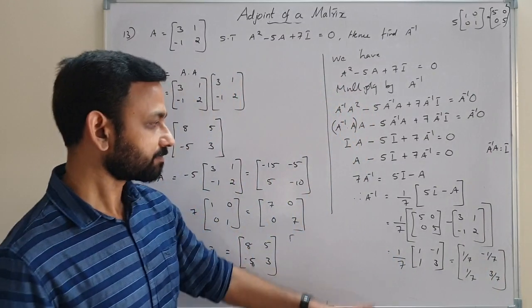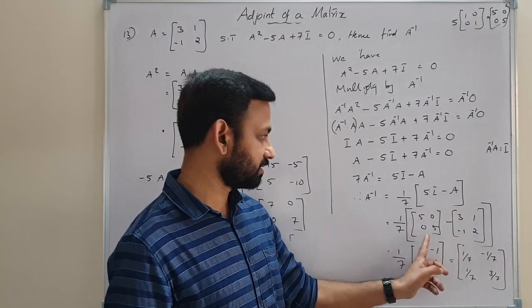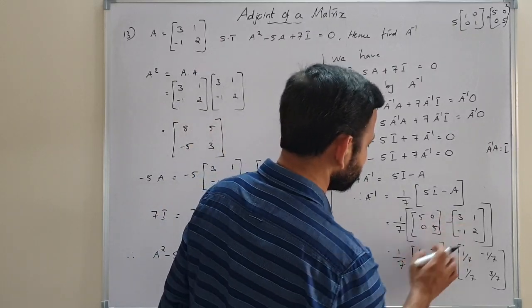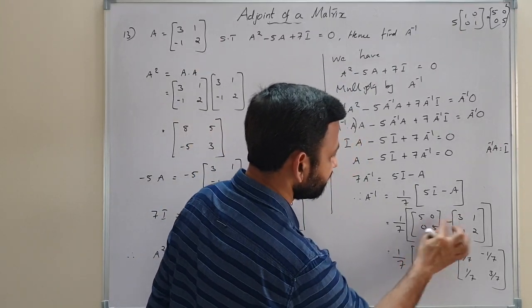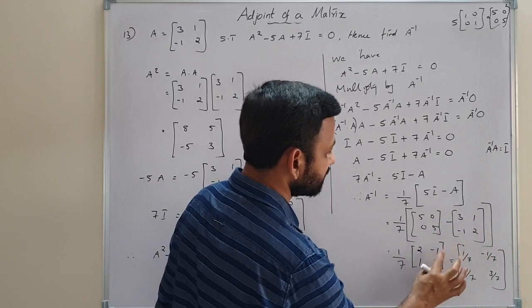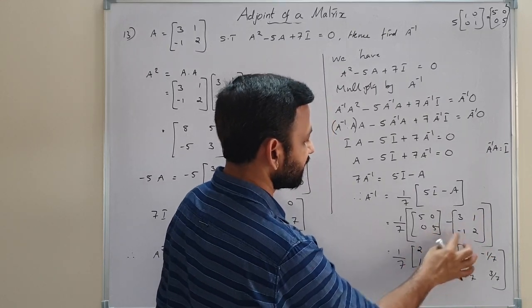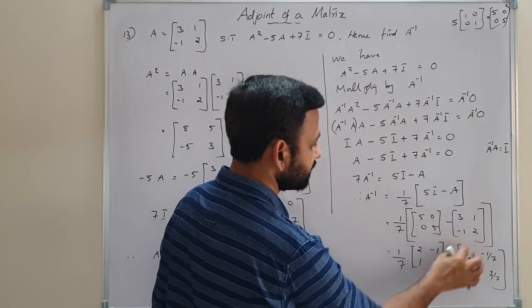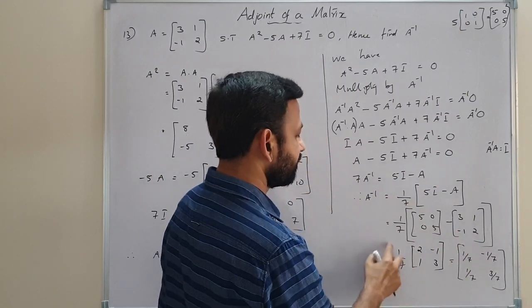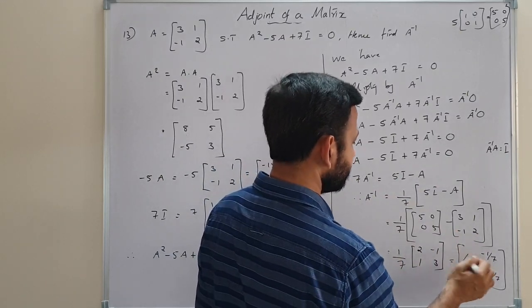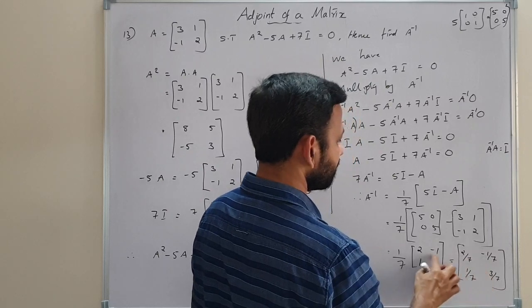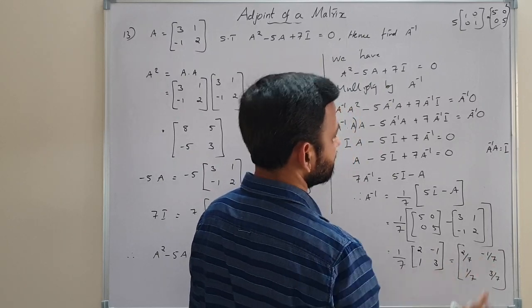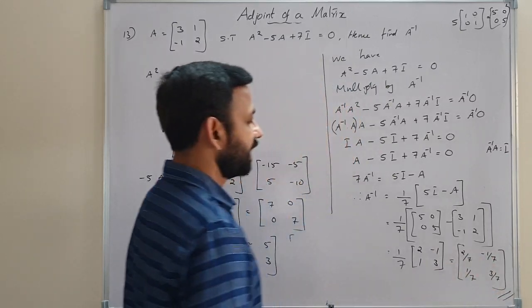When we multiply by 1 by 7, it will be 2 by 7, then minus 1 by 7, 1 by 7, 3 by 7. So that is A inverse.